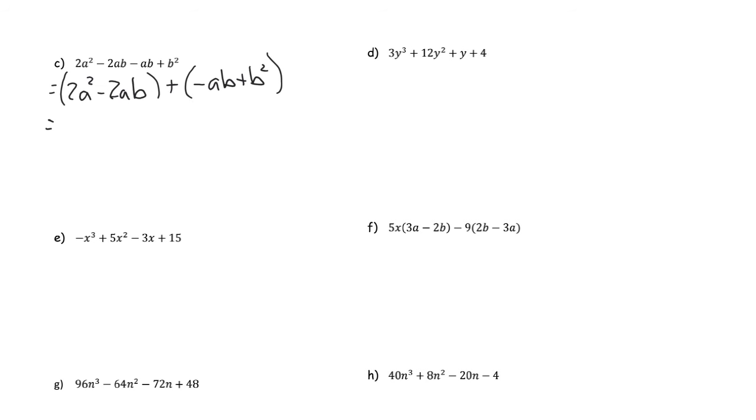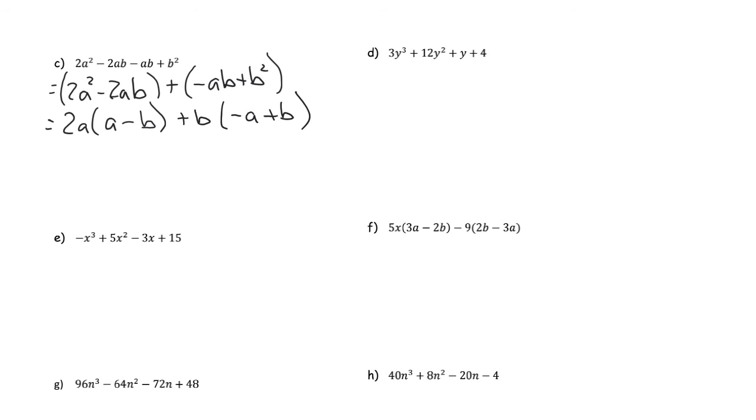And now, from the 2a squared and the minus 2ab, there is a common 2a. And that'll leave me with an a minus b. And now in my second term here, this binomial, I take a look at it, there's a common b there. But if I take out just the b, that is going to leave me with a negative a plus b.